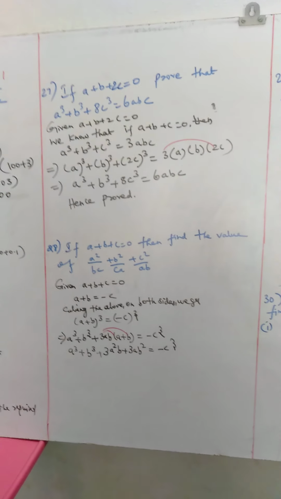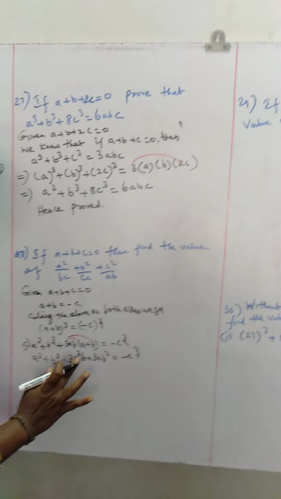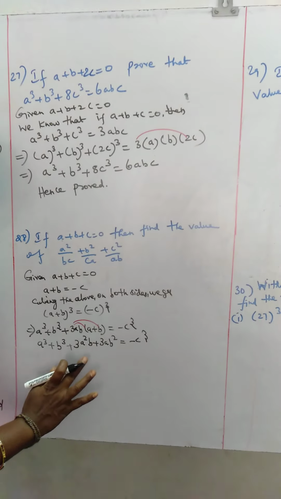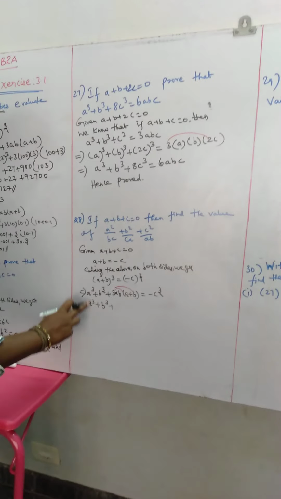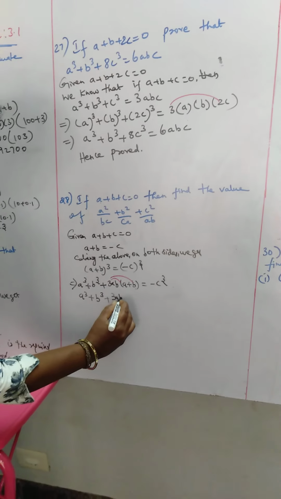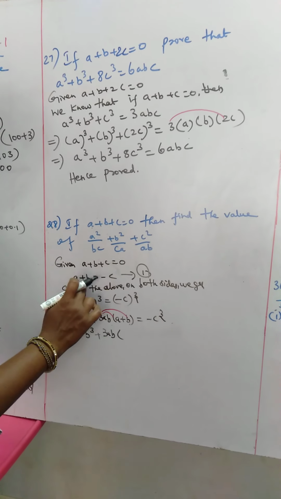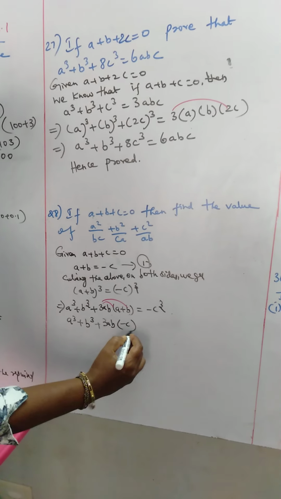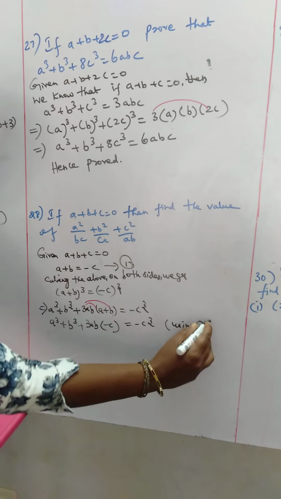So what we can write here is a cube plus b cube plus 3ab into a plus b. Name this as equation 1, substitute a plus b as minus c, which is equal to minus c cube. Using 1 we can write it, right?